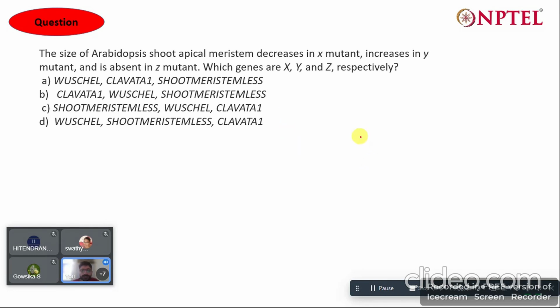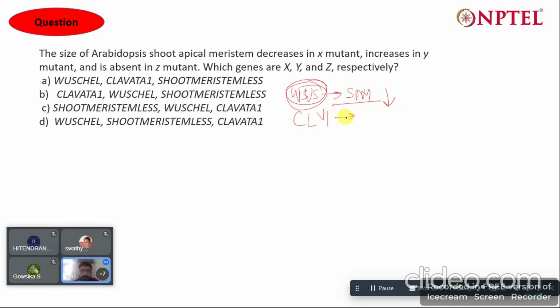So this was the last session's question also. If you remember, the Wuschel gene is involved in the maintenance of the shoot apical meristem. So when this is mutated, its size will decrease. Clavata 1 is the negative regulator of Wuschel.